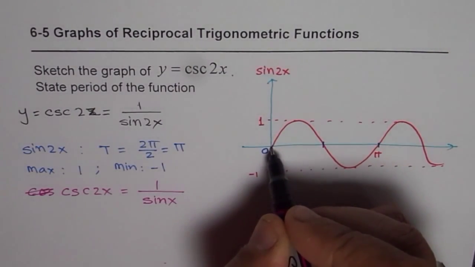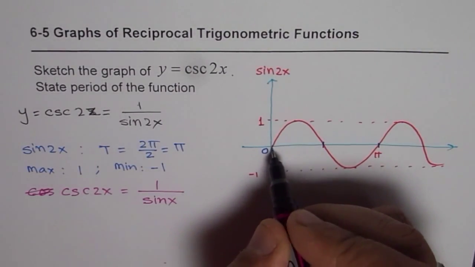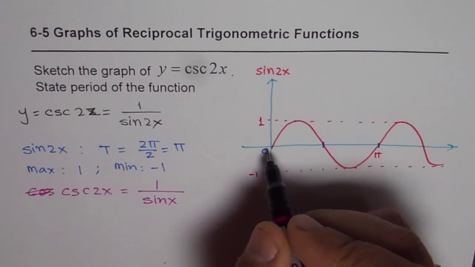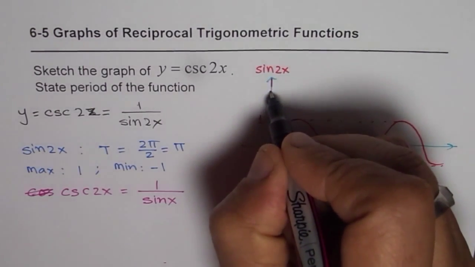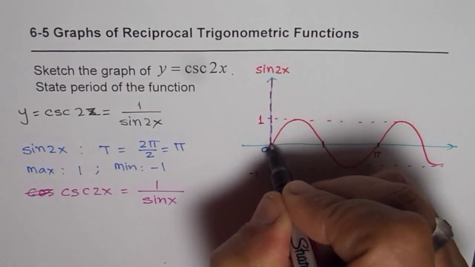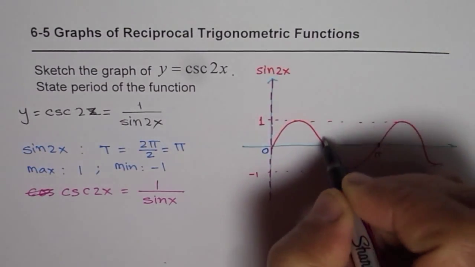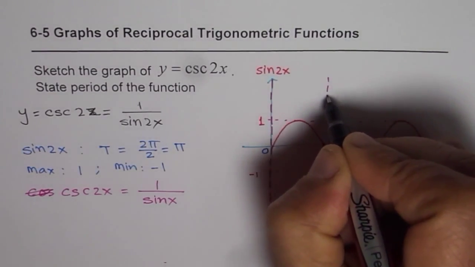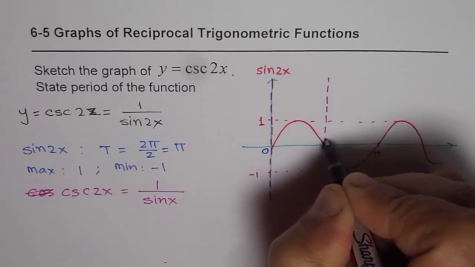Zeros will translate to vertical asymptotes, right? The reciprocal of 0 is infinite. So we'll have vertical asymptotes at the zeros. The strategy is the same as you learned for sketching reciprocals of polynomial functions.